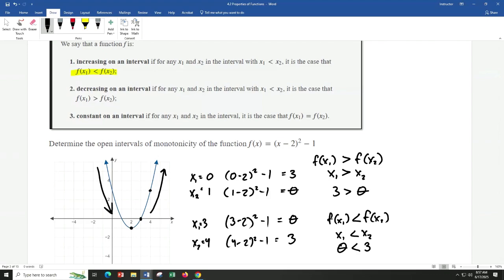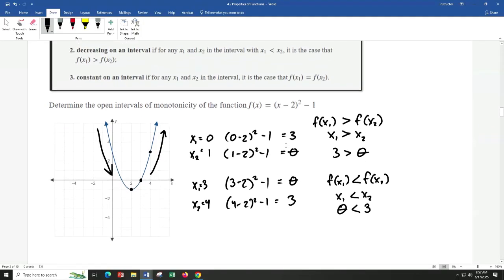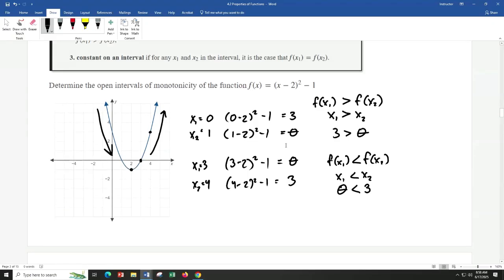From here back, it is decreasing. So this is how you would write it, and this is how it's going to happen in Hawk. We have two squares pop up, and it'll say decreasing on, increasing on, okay? So we are decreasing on what?